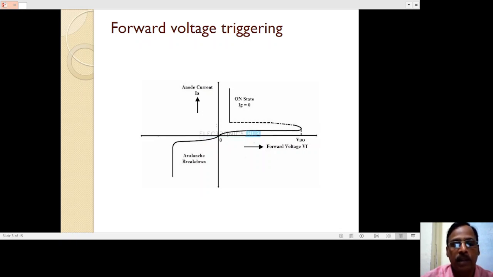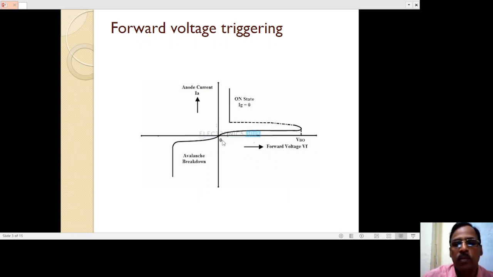Gate cathode circuit is kept open, and forward voltage is gradually increased. See the x-axis and y-axis. Arrow mark shows the direction of the increase in voltage. This is the forward voltage. It increases in positive direction.